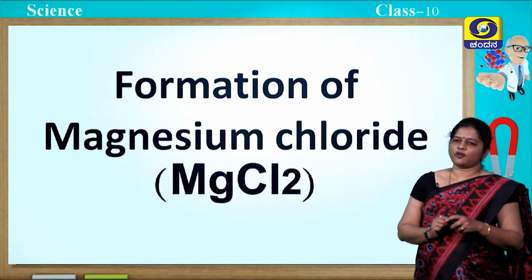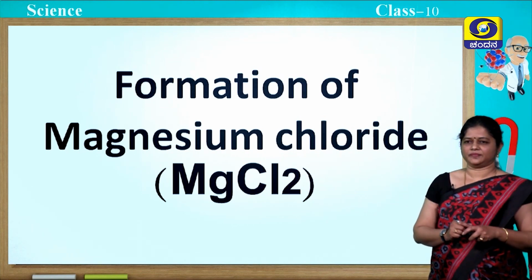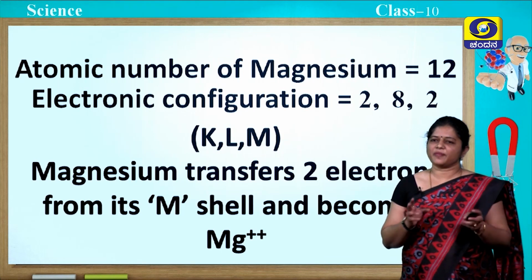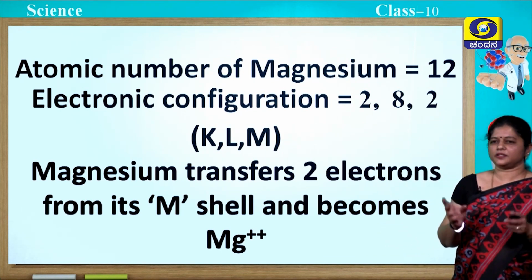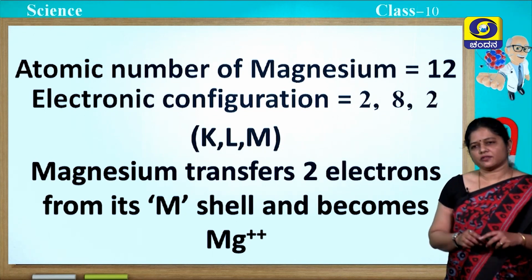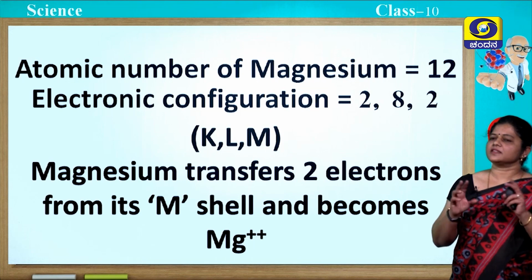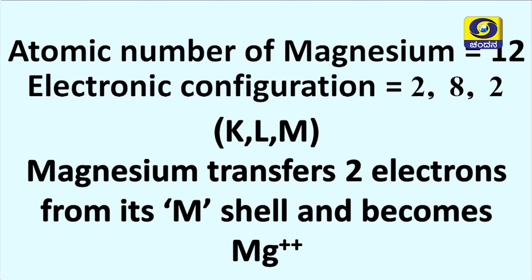Now, let us see the formation of magnesium chloride, which is another ionic compound. The atomic number of magnesium is 12 and the electronic configuration is 2, 8 and 2. It has got 2 electrons in the K shell, 8 electrons in the L shell, and the M shell, that is the valence shell, has got 2 more electrons. So, this valence electron is transferred during a reaction.